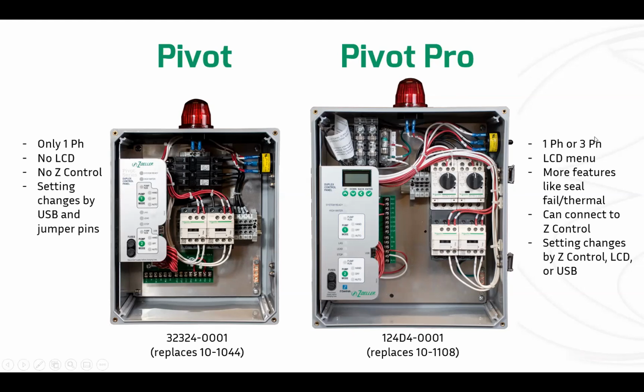There's additional features, the seal fail monitoring, which would be monitoring the moisture sensors inside of the pumps. If you're monitoring a thermal, you can plug in a gateway to connect it to the cloud. Those are all things that are just part of the Pivot Pro build.